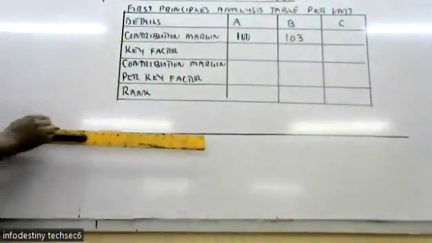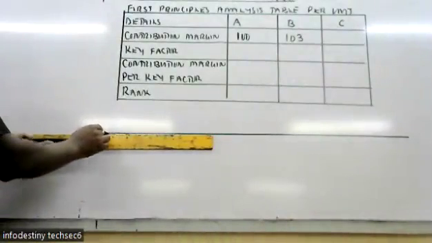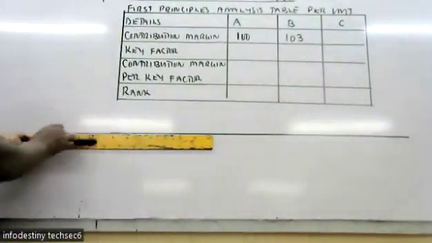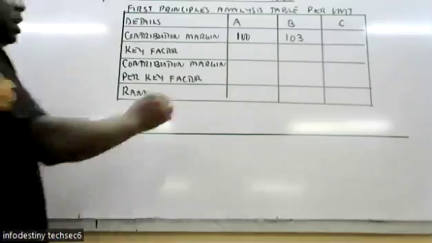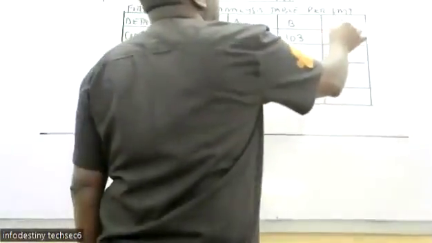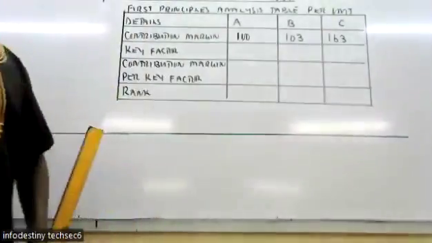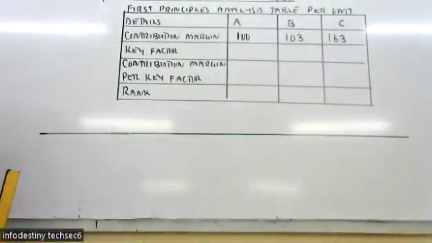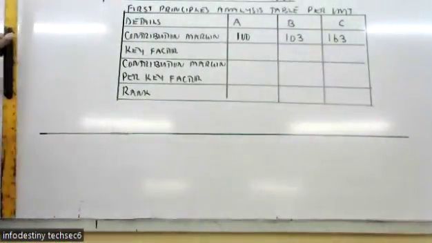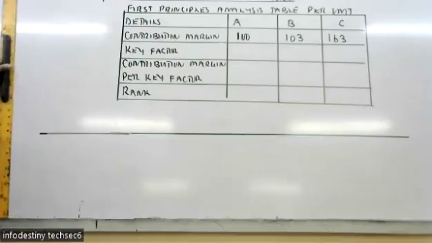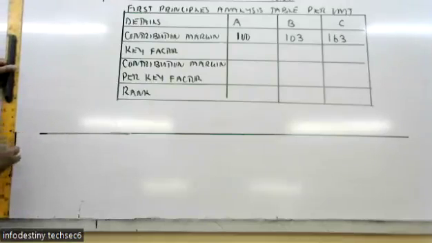Then 163. Haya, key factor ni zile tulikuwa tumetafuta, tukasema per unit.